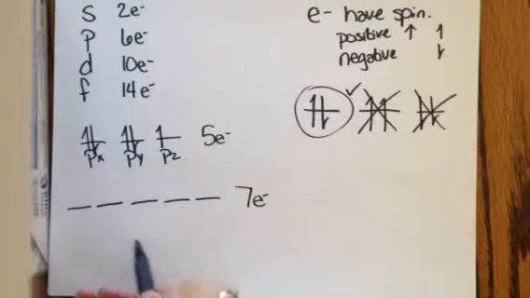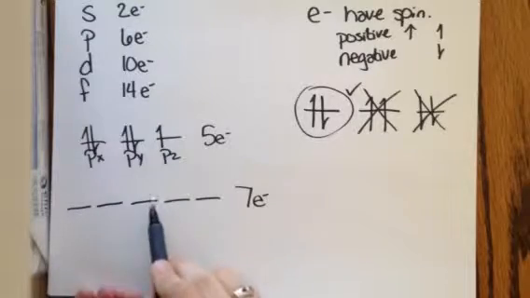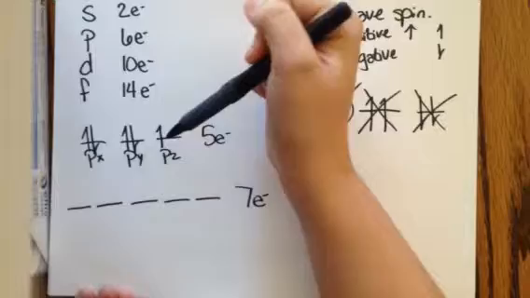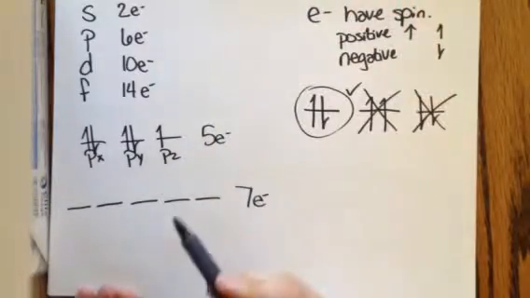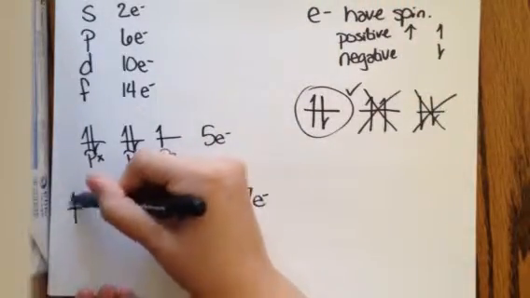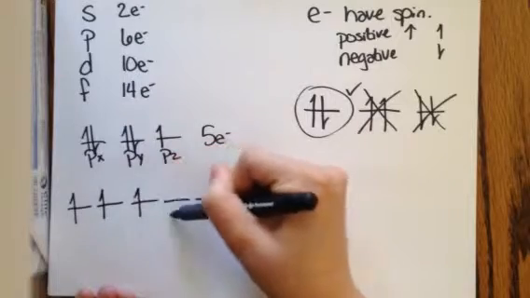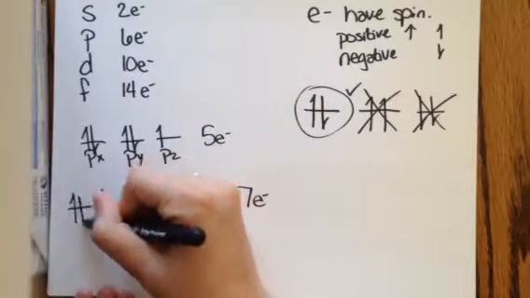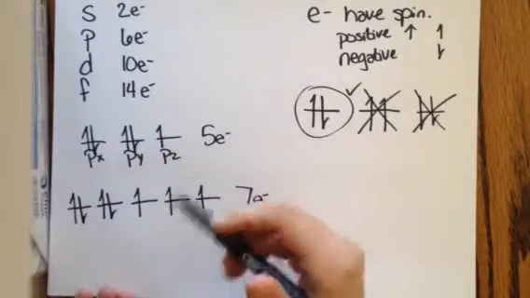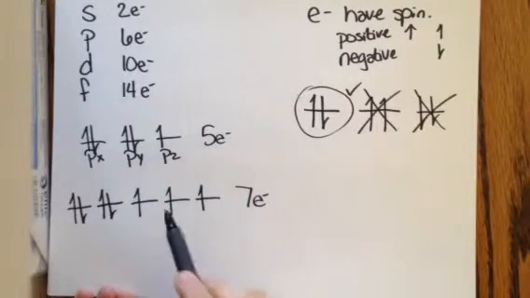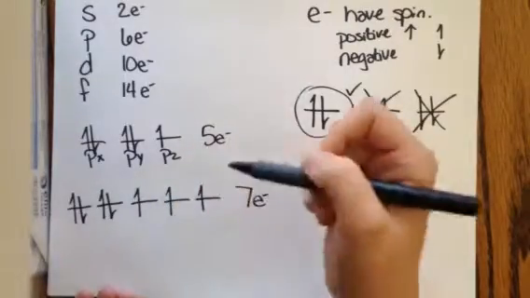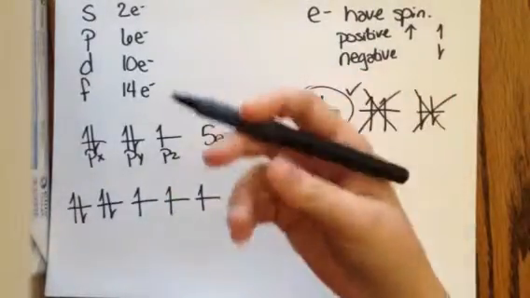We're going to distribute all of the positive spin electrons to each one of these lines before we go back and start adding in the negative spin electrons. Okay, so we've got 1, 2, 3, 4, 5. Now I can go back with the negatives. 6, 7. It is perfectly okay that these guys are unpaired. They aren't going to rearrange themselves so that they are in pairs, because they like to take up as much room as possible.